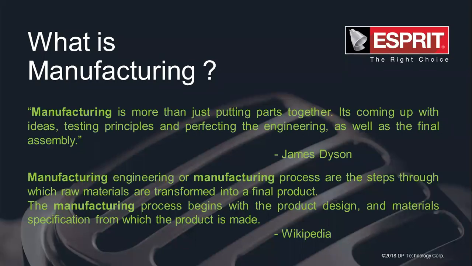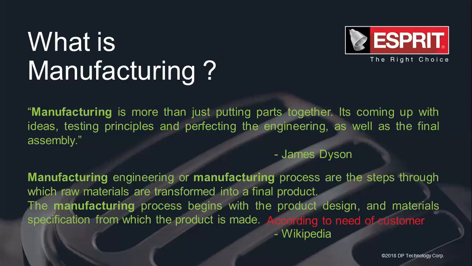What is manufacturing? You may know many definitions and you have all learned them in various books also. This simple basic definition everyone knows, that is raw materials get converted into finished product. This is the simple basic definition of manufacturing which has been given in each and every book. But apart from this, there are many more definitions we should know. Like, the manufacturing process begins with the product design and material specifications from which the product is made according to the need of customers.